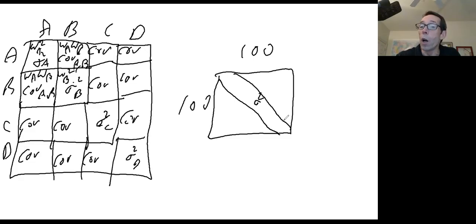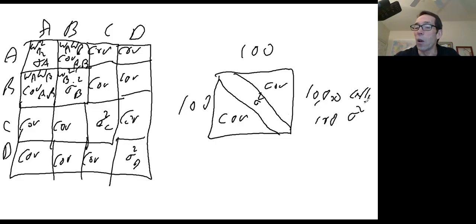There will be 100 of them. All of the off diagonal cells will be covariance cells. So if it's 100 by 100, there's going to be 10,000 cells, right? Of those 10,000 cells, 100 of them will be variance cells, and 9,900, therefore, will be covariance cells.